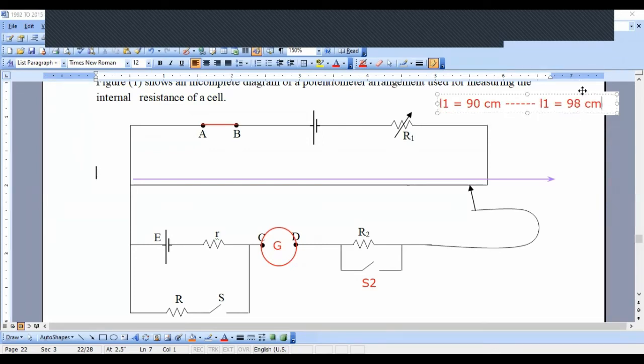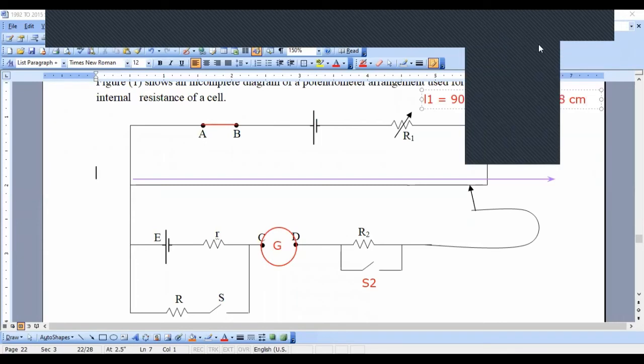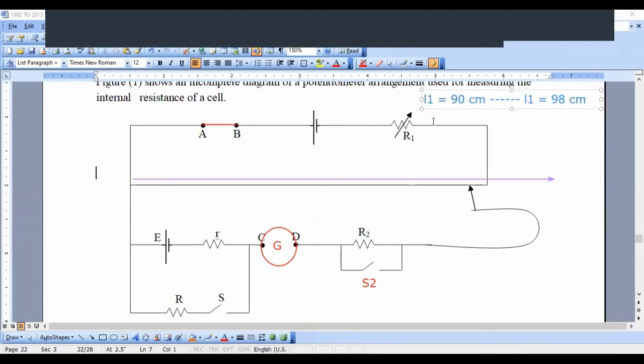I think you are able to see this, right? So once we change R1, both L1 and L2 will be increased. Not only L1, but both L1 and L2 increased. Got it? Now we are going to do the practical for L2. Earlier L2 was 80 centimeters.